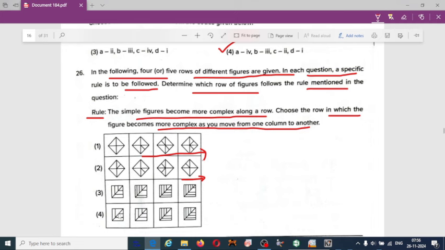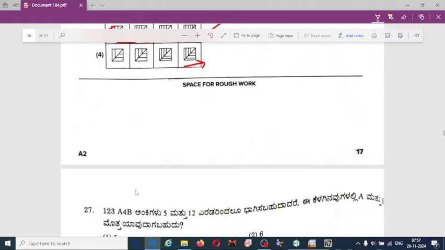Then let us go for the fourth one. Here it is not much more complicated than option 3. So it is also quite distinguishable. For the third one, in this row, the complexity is increasing. So option 3 is correct. The number of lines in the first one, second one, and third one are more complex. So option 3 is the right answer.